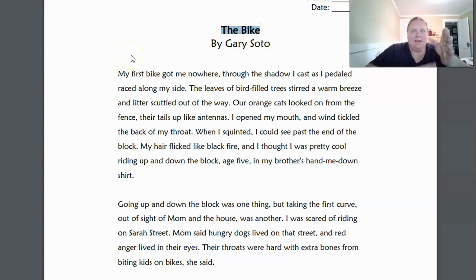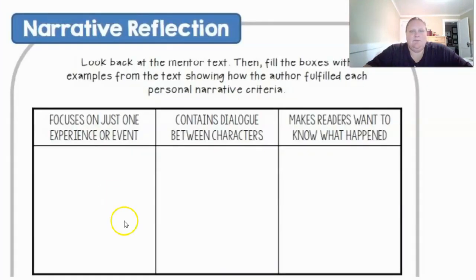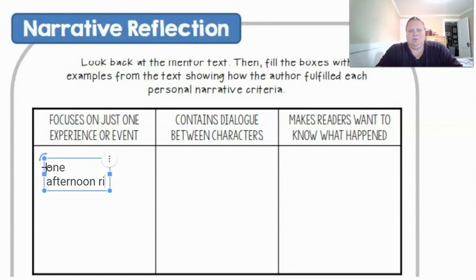It's not about his bike today and his bike yesterday and the bike tomorrow. No, it's all about this one afternoon riding his bike. So that's one event. One afternoon riding his bike. So it's very simple and easy for us to tell the event.